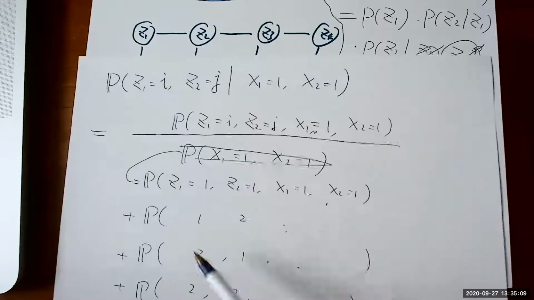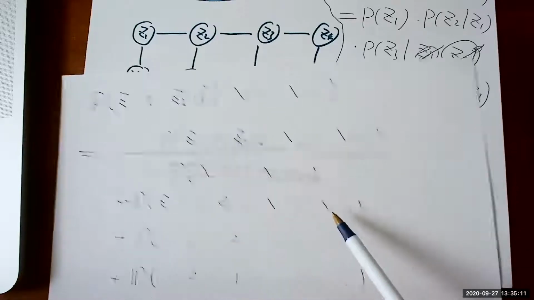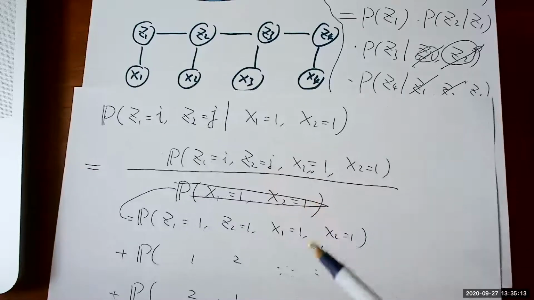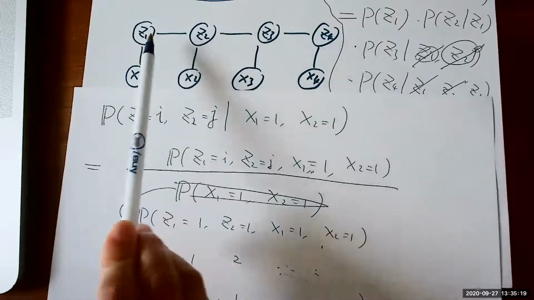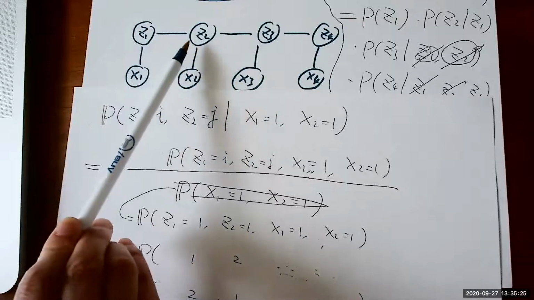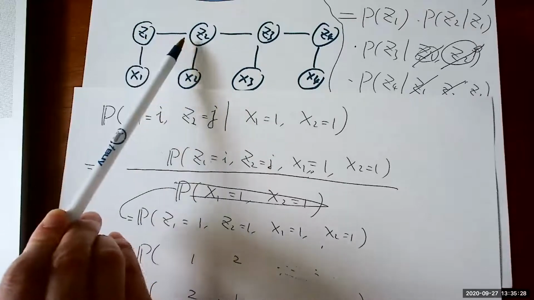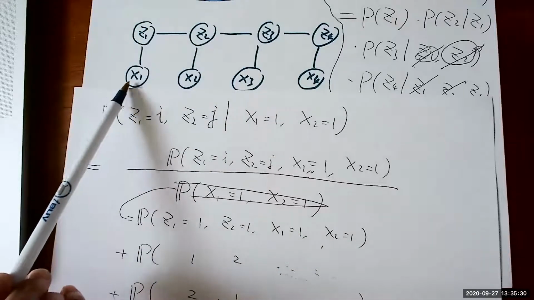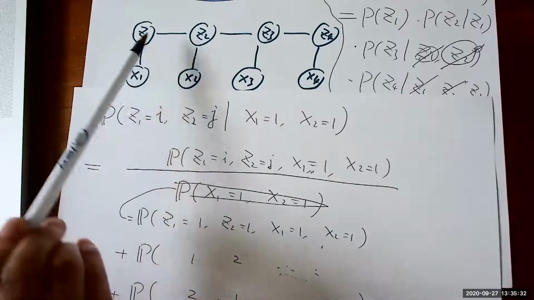Now those are joint probabilities, so you use what we described before: you calculate the probability by imagining how data are generated. You calculate the probability of Z1 equal to a particular value, times the probability of observing Z2 given that Z1, and then times the probability of each of the X1, X2 given their individual values.